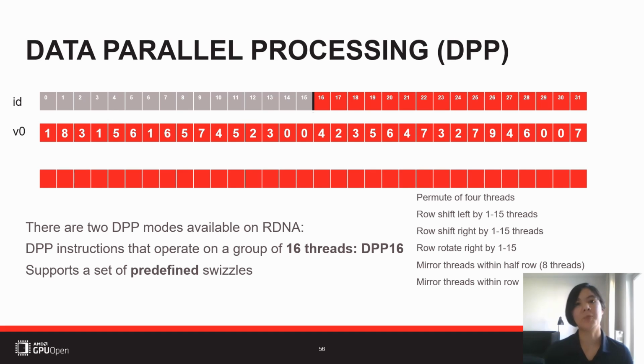So this is the predefined set. Which means if you use DPP within a group of 16 threads, you can use this predefined set of swizzles, and it's also very performant, but maybe you need to use a combination of them, and then you need more instructions.